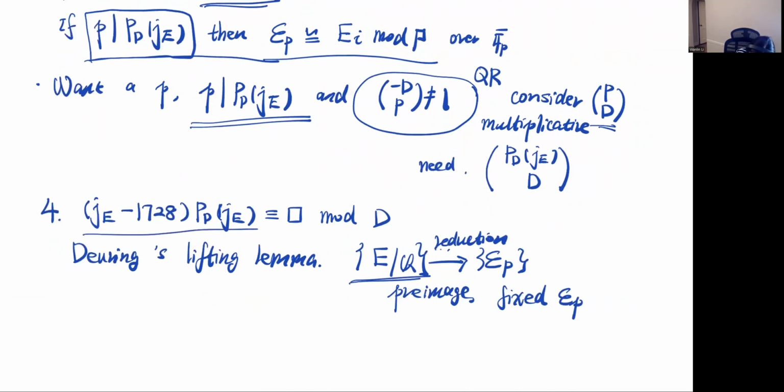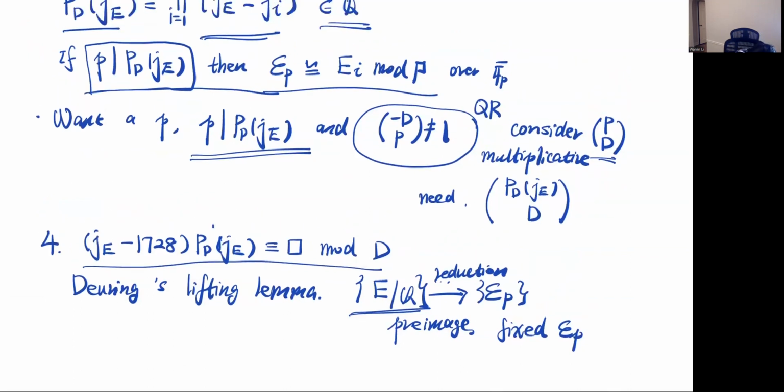Because if you think about what this equation is saying, what is this product? This is the product over i from 1 to n of J(E) minus J_i. So how do I prove this is a square? I can just prove that the J_i, which are the CM J invariants over Q, always go in pairs when I reduce mod D. There will be two different J_i over Q, but when I reduce mod D, they will become the same.